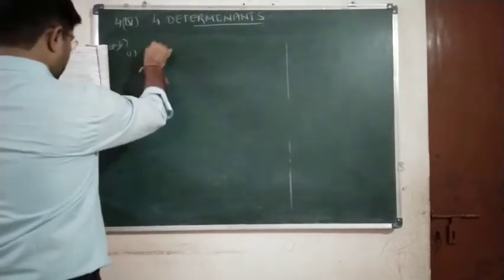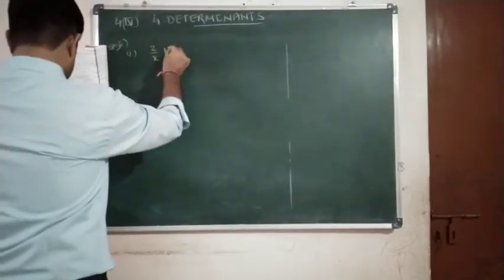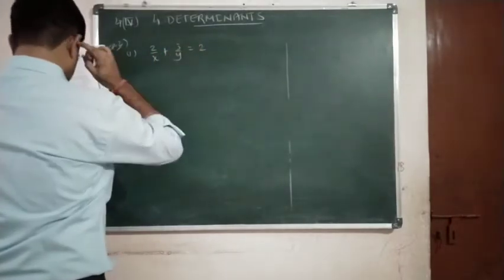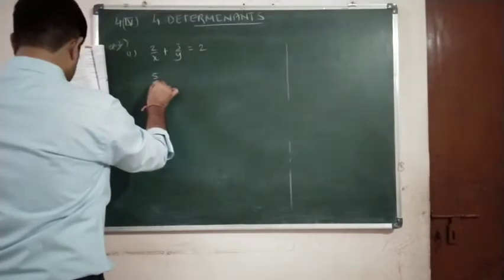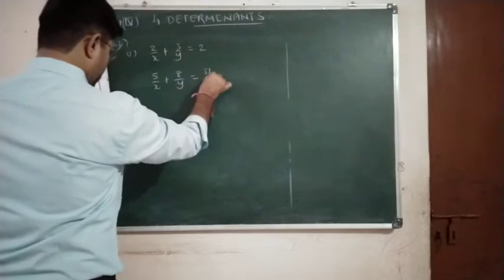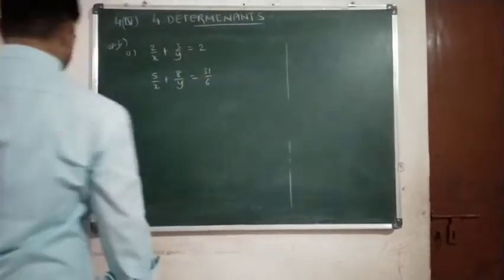Here you are given 2 upon x plus 3 upon y is equal to 2 and 5 upon x plus 8 upon y is equal to 31 by 6.